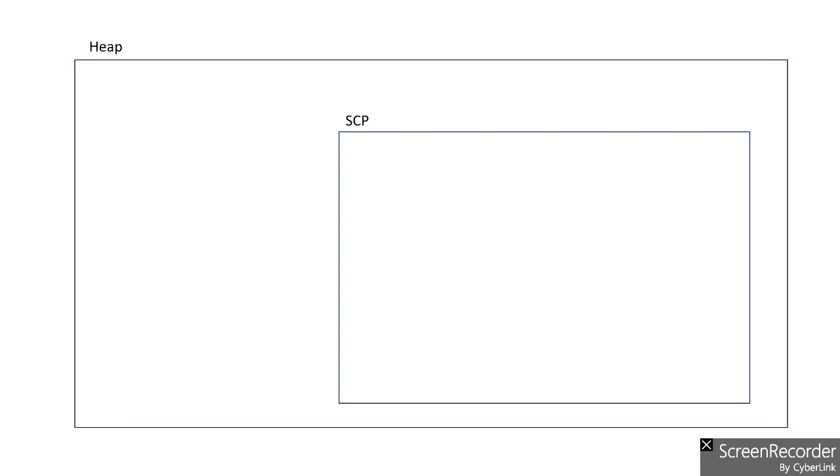Let's say in our approach, if the first user entered Hyderabad, a Hyderabad object will be created in the SCP, that is a string object. In Java, we generally assign the object addresses to the reference variables, right? So for the first user, S1 is pointing to Hyderabad.